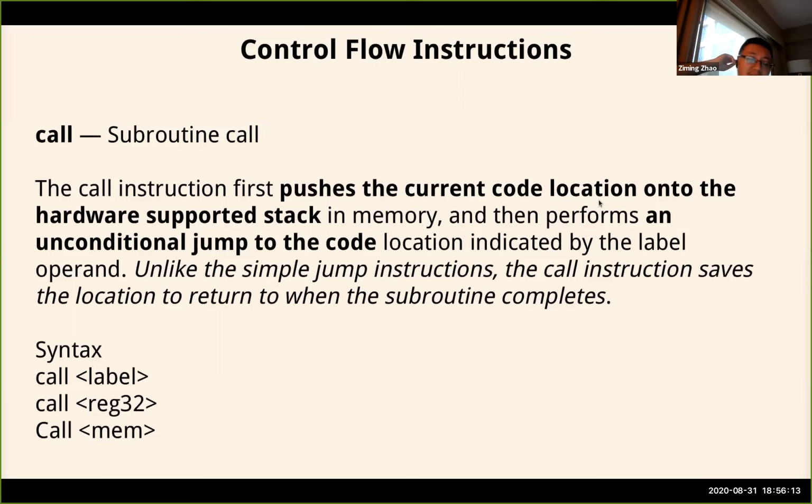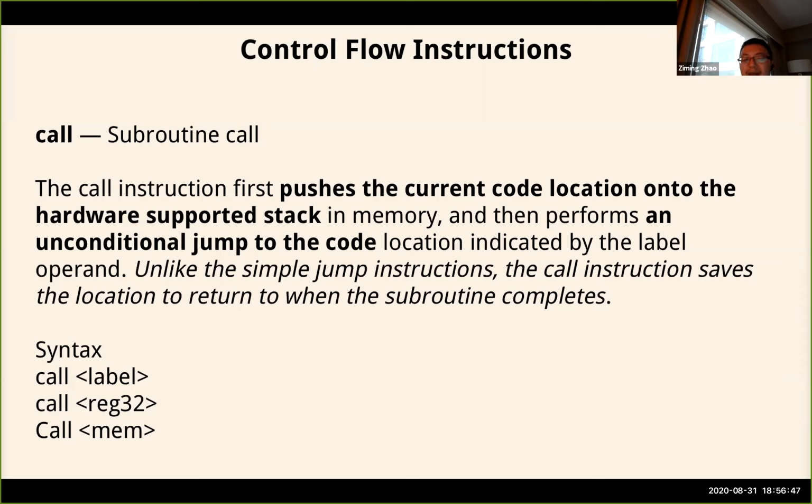We push that onto the hardware supported stack. The ESP register specifies where the stack is. So we push the return address to ESP. When we say push, we first decrement ESP by 4, then store the value onto the stack. Then we perform an unconditional jump to the code location of the label.